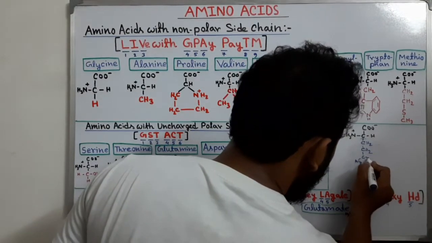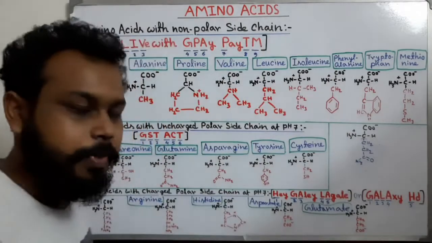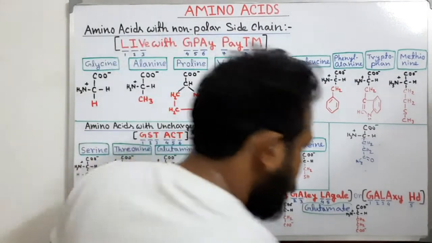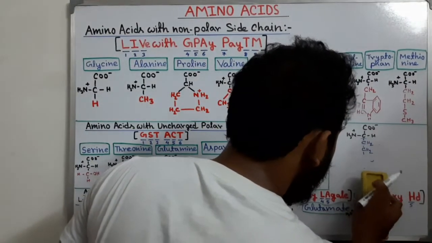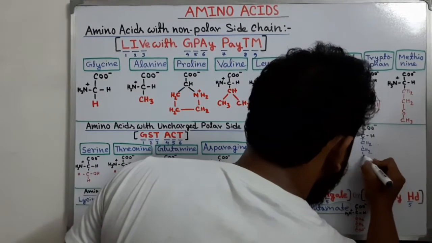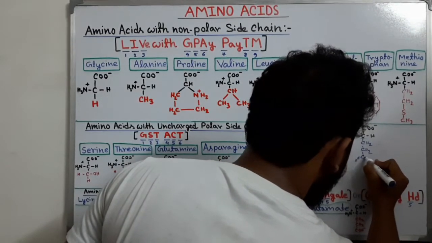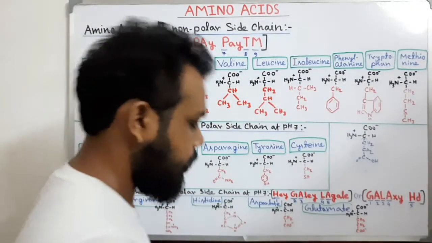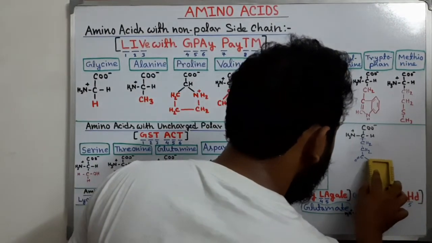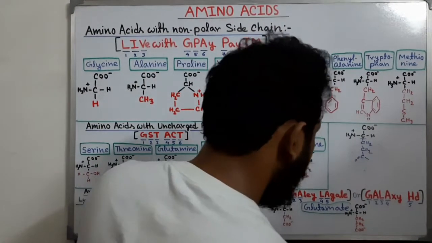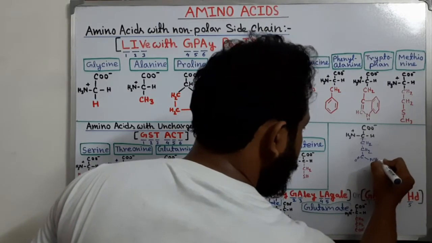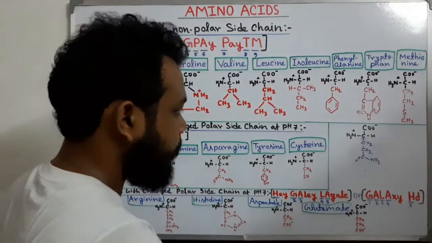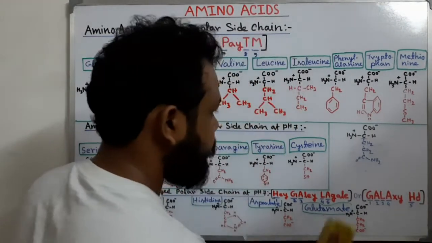More easily we can write it as C double bond O and OH, this is the structure of glutamate. Here we remove one oxygen and in place add one NH2 group. It will make glutamine.